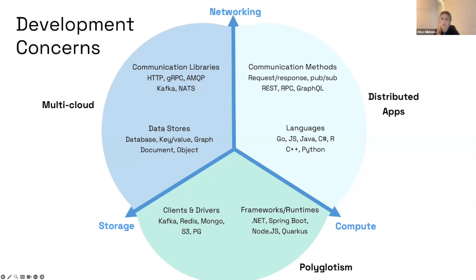So for instance, using a key value store versus using an object store or a document database, etc. And the whole point here is that regardless of all of these different development concerns and requirements, we do not want to expose that complexity to developers. And so these concerns are only just growing, especially with the requirements coming in in the cloud native space.